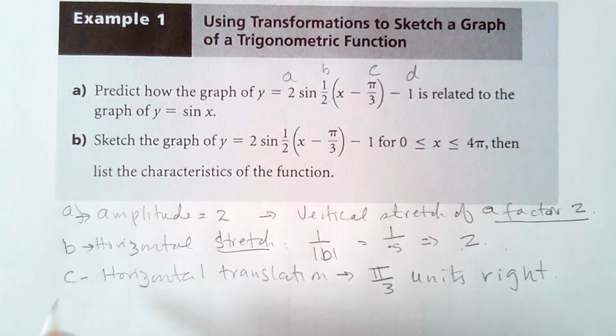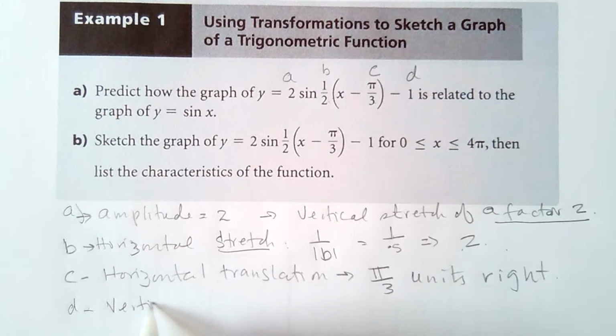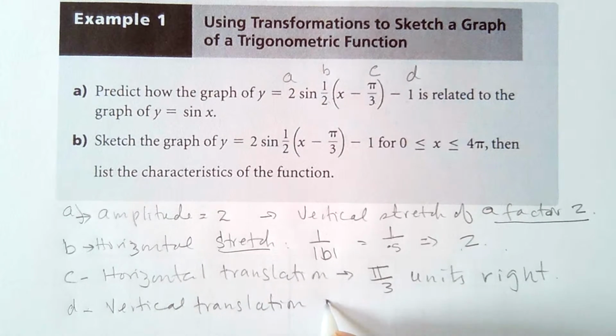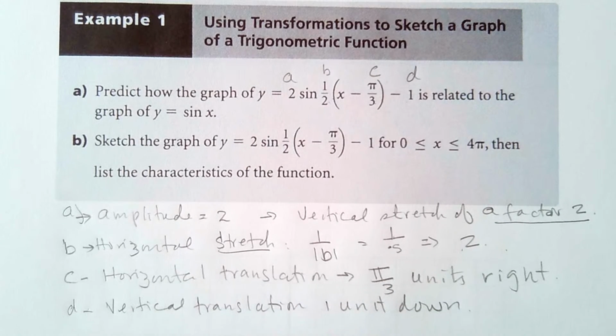So it shifts to the right. And finally, D, we have a vertical translation. Now, because it's negative, it will be 1 unit down. So we have A, B, C, and D.